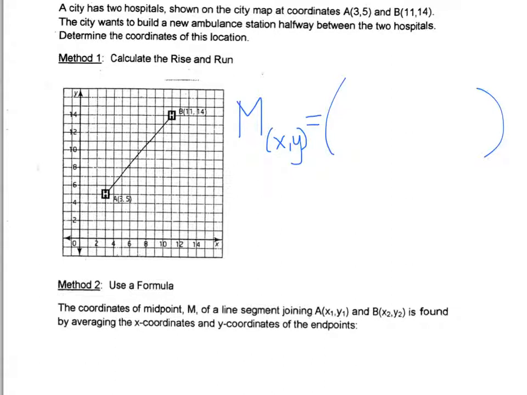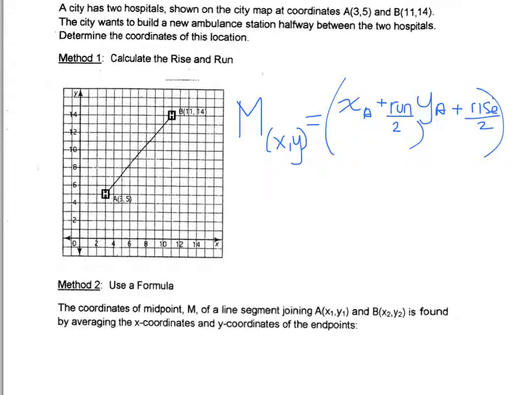You could find it on the graph by starting with the coordinates of A, the x value and the y value for point A, and adding half of the rise and half of the run. The x coordinate talks about the run, and the y coordinate talks about the rise.